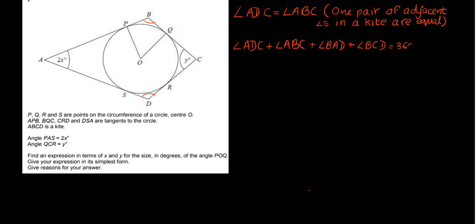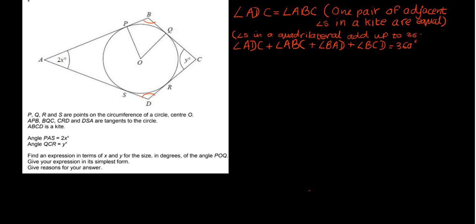I'm going to write this reason just above. I've got some space here, so I'm going to utilize it. The reason is angles in a quadrilateral add up to 360 degrees.